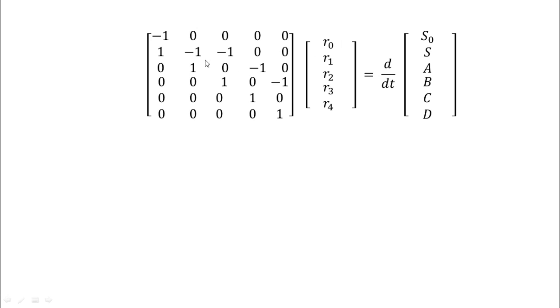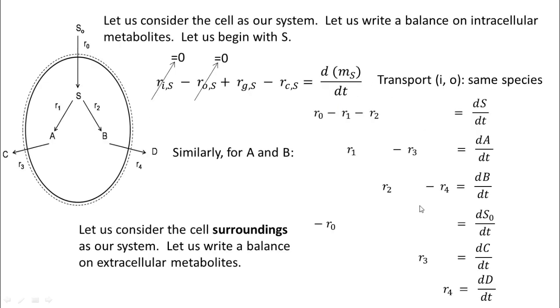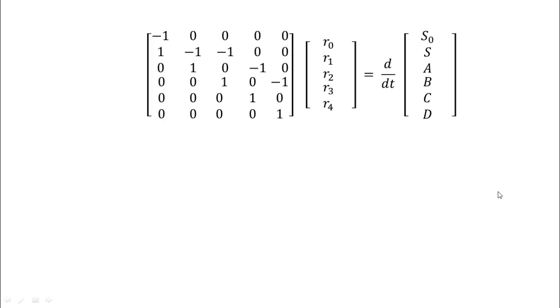This first term is 0, R1 minus R3 is d/dt of A. R1 minus R3 is d/dt of A, right? That's the way the representation happens in a matrix form. Therefore, this matrix represents the set of equations that we got by doing material balances on the various metabolites in the cell, extracellular and intracellular.